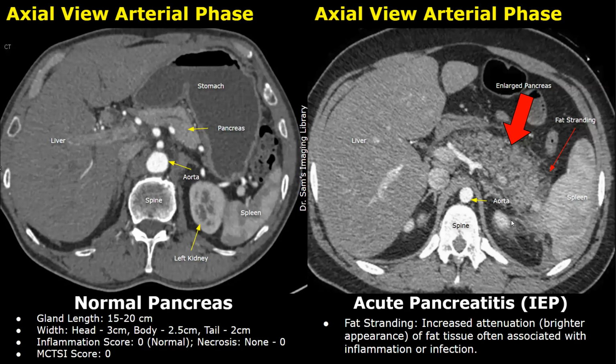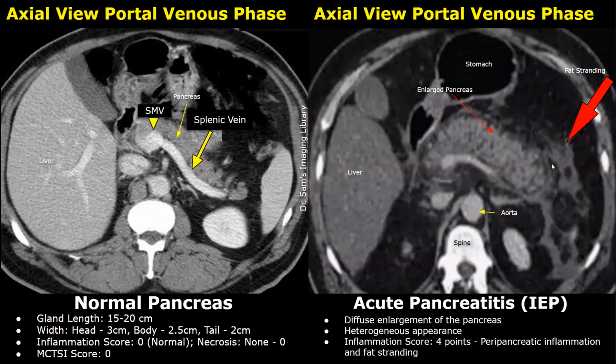This hypodense area near the pancreas is the normal fat tissue. When it gets inflamed due to pancreatitis, in this case, it will appear brighter and have a streaky appearance.